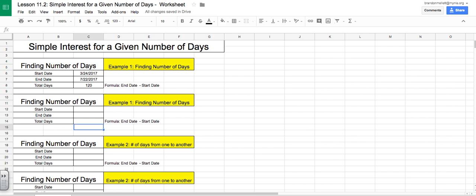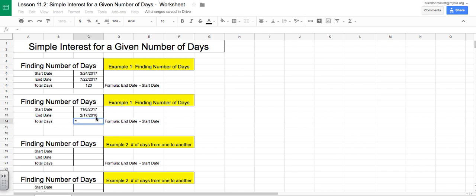Now let's look at the second example here. We have a start date of November 8th to February 17th of the following year. We have to make sure we change this year to 18, because we're not going back to 2017, we're going forward.